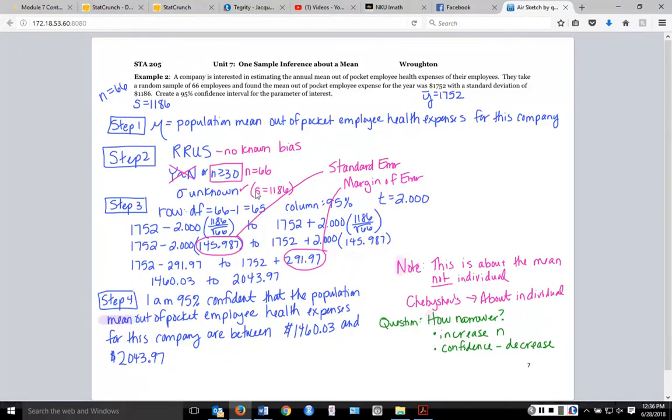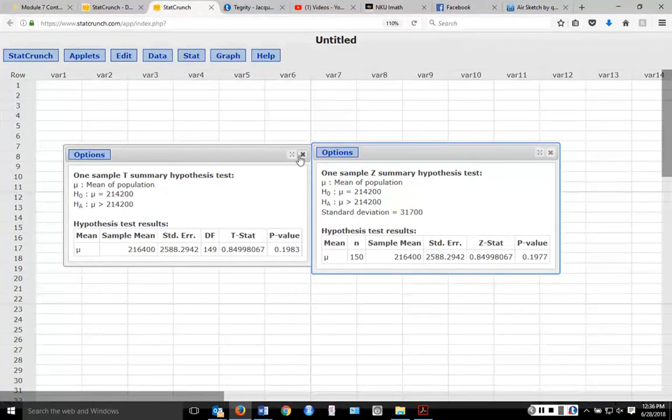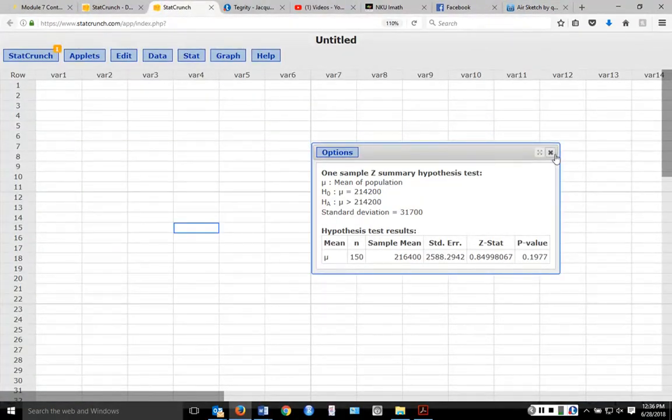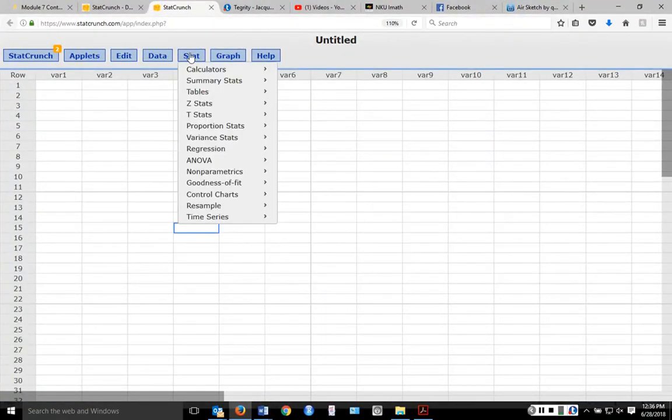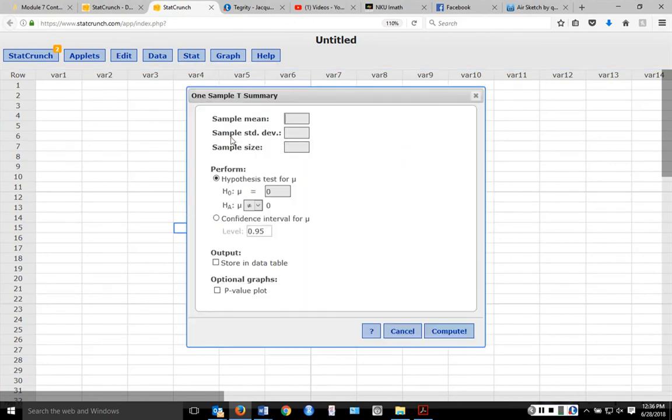Let's actually show you, even though we did all this math by hand, how you can do it in StatCrunch. I'm going to go to the same place I was in the last video. We're going to go to Stat, T Statistics, one sample with summary.